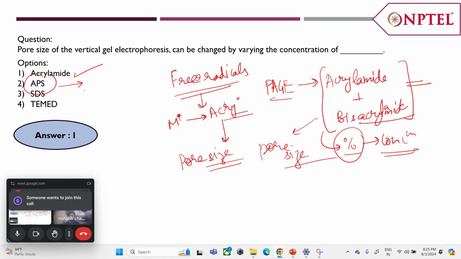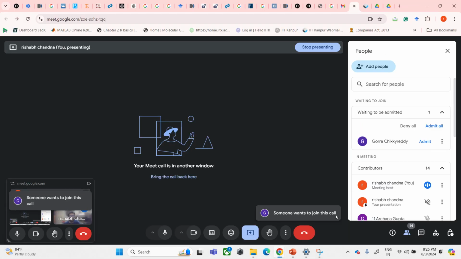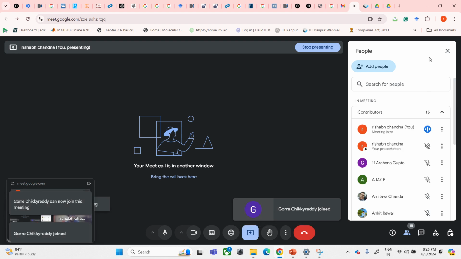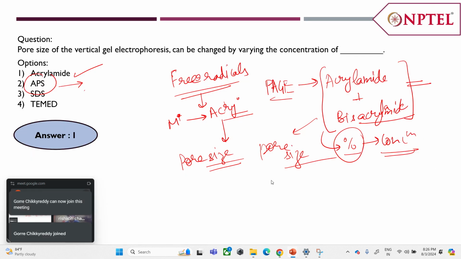Pore size will only be varied when the mesh-like structure that is formed because of acrylamide and bisacrylamide would vary. Okay, so this is the case.